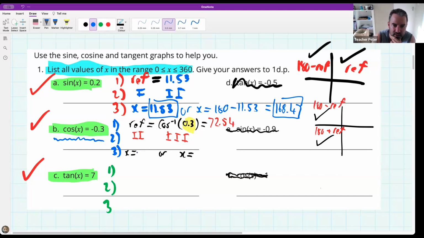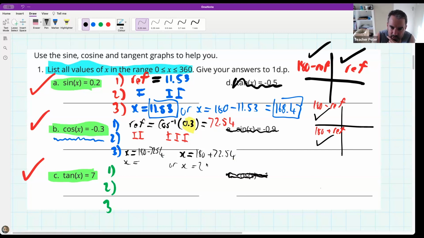I think it should be 180 minus 72.54, or x should be equal to 180 plus 72.54. So what are my final answers going to be then?